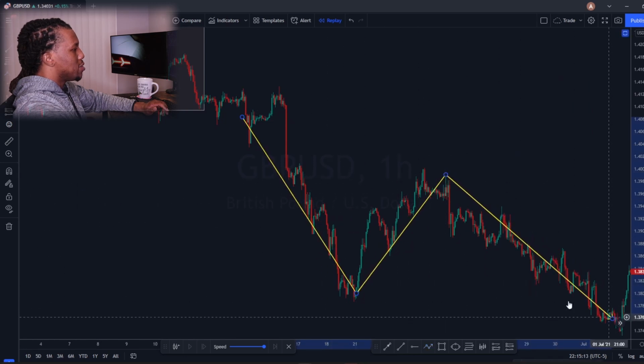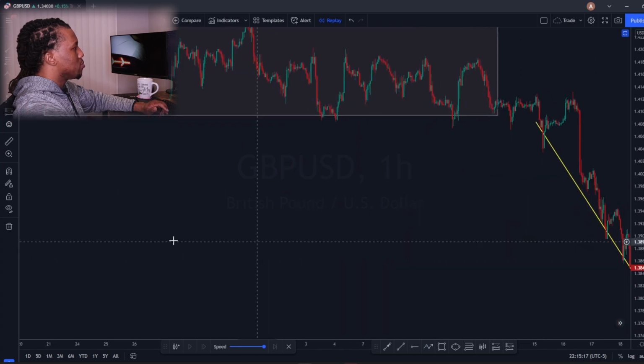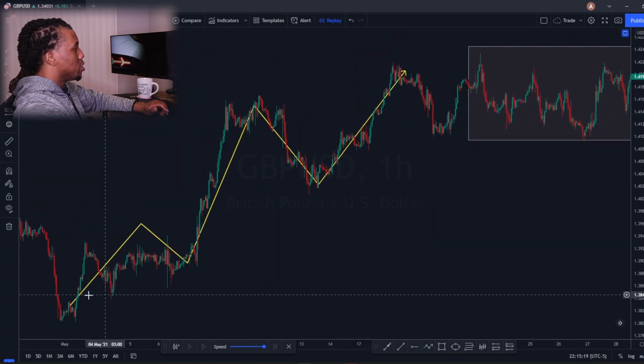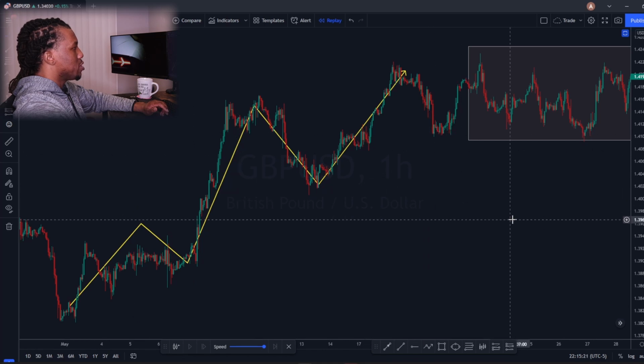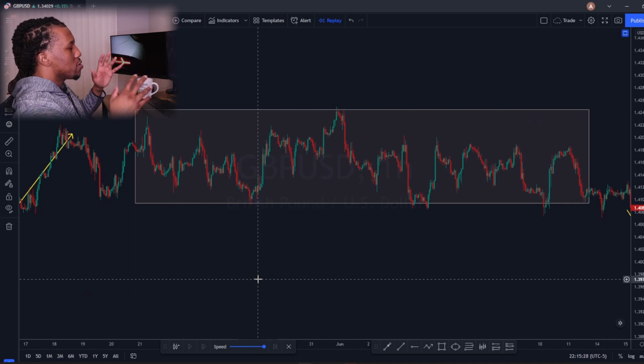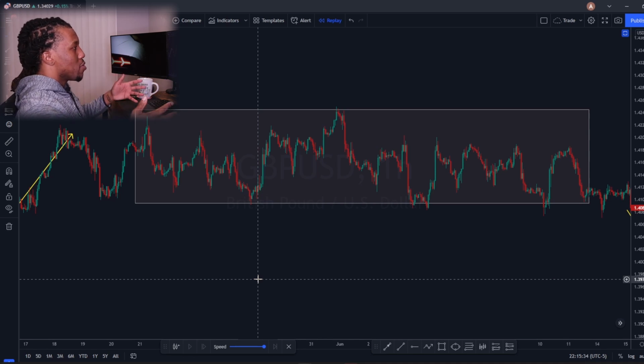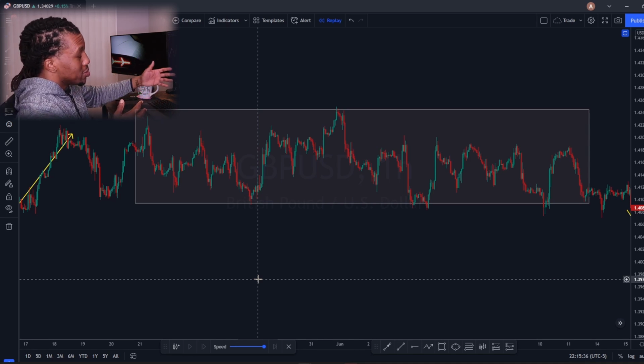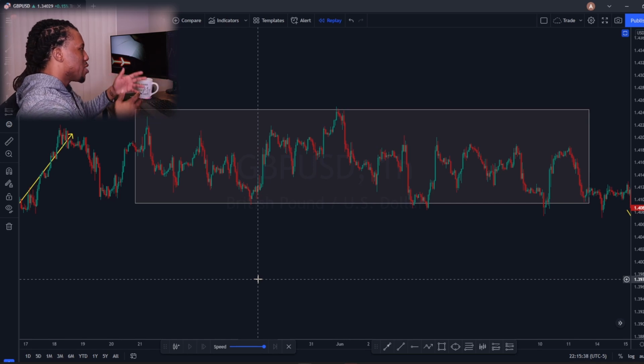I just highlighted the 3 phases: impulse, correction, continuation for the downtrend, impulse, correction, continuation for the uptrend, consolidation, okay? Now, these are the 3 phases in the market, and these are the 3 trends in the market: uptrend, downtrend, consolidation, and impulse, correction, continuation, okay?